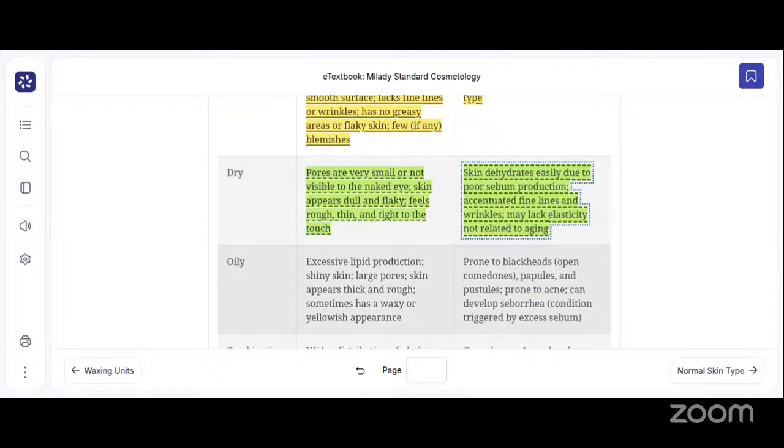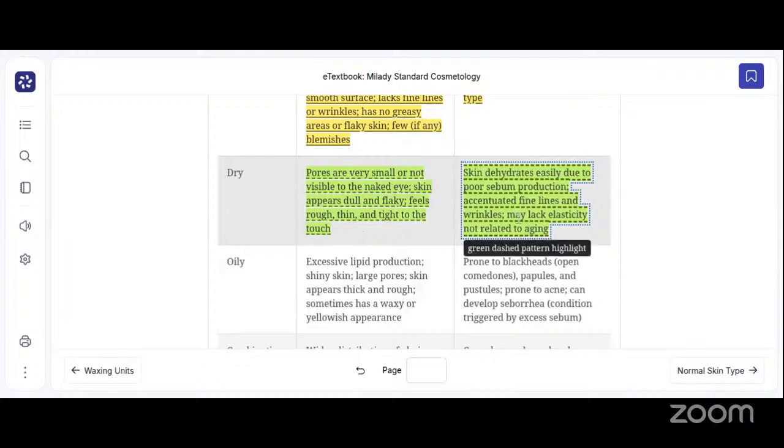Now you're incorporating bacteria from the hands or nails. So you need to make sure that we're treating dry skin the way it's supposed to be treated. And so here's the definition of it. Here's how it looks. So he's giving you a visual of it.